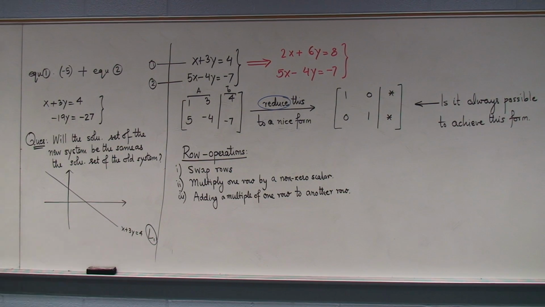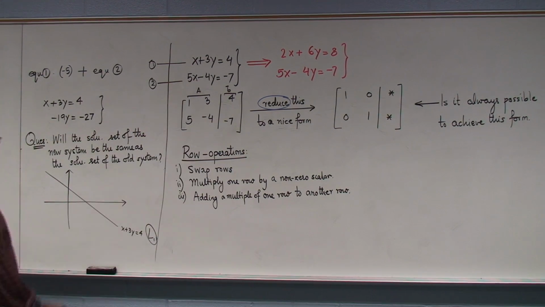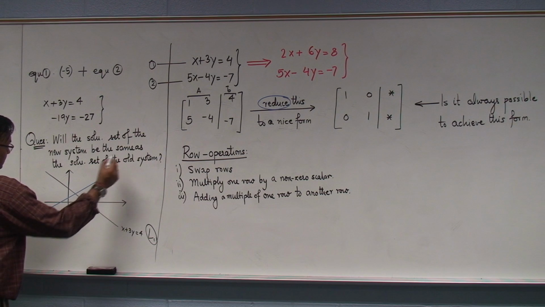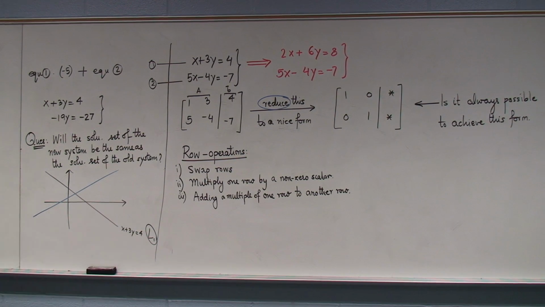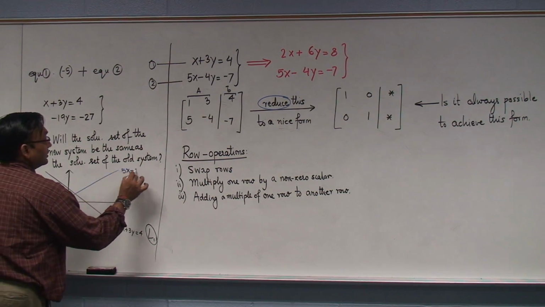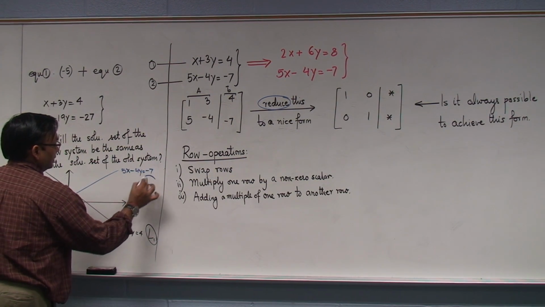Then we have another line, 5x minus 4y is equal to minus 7. And if we draw this line, maybe it looks something like this. Let me call this the line L2.